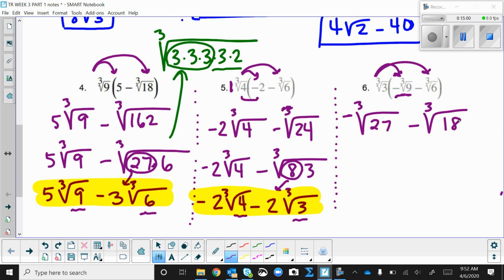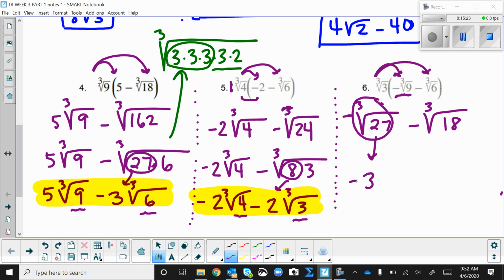Now right here in this first term, the cube root of 27, this is a perfect cube. So just like when we do square root of 4 is 2, and the radical is all gone because it's perfect, this one is just like that. The cube root of 27 is just 3, and the radical is all gone.